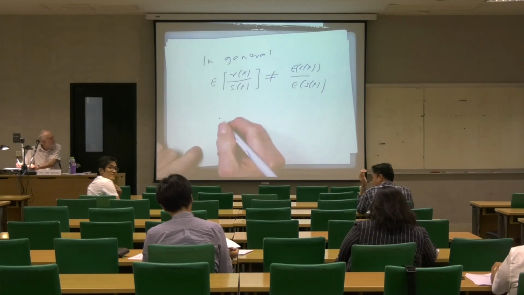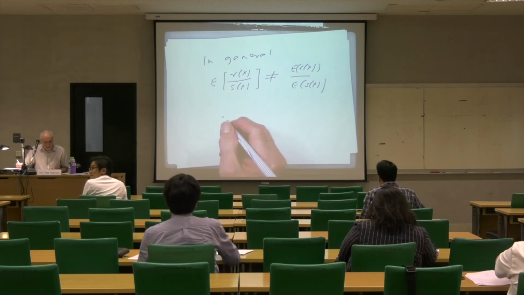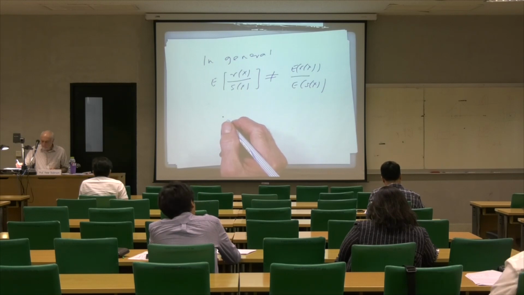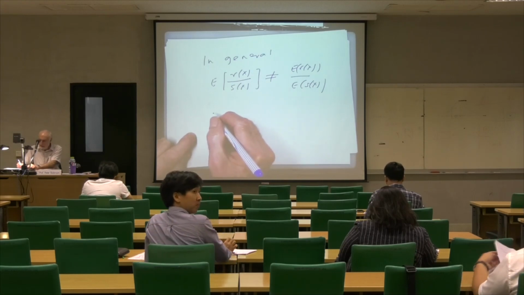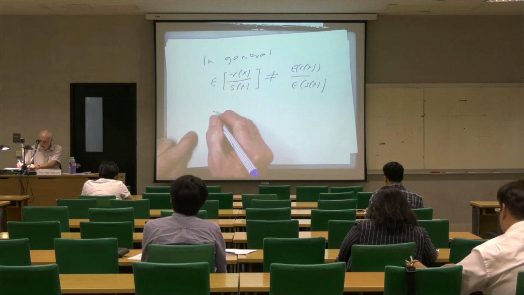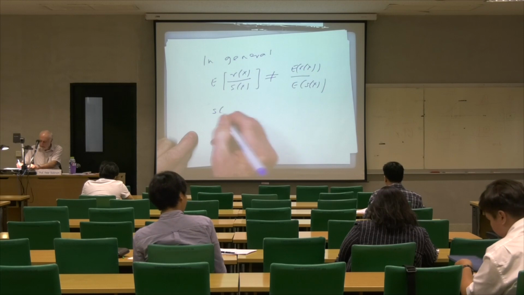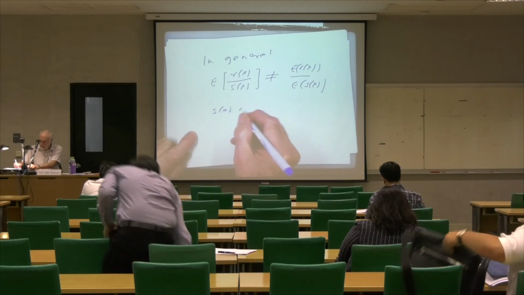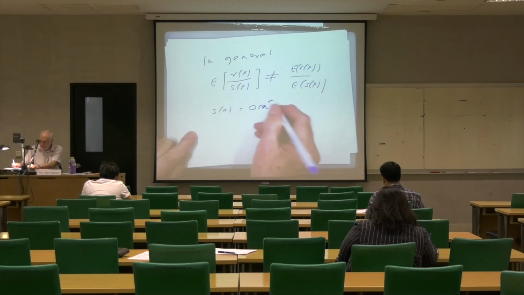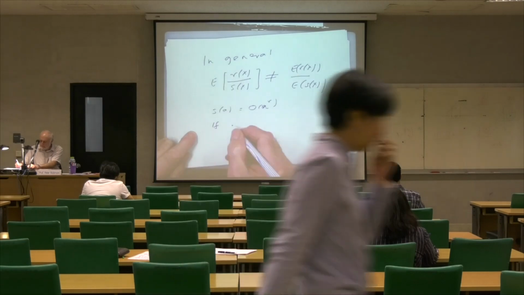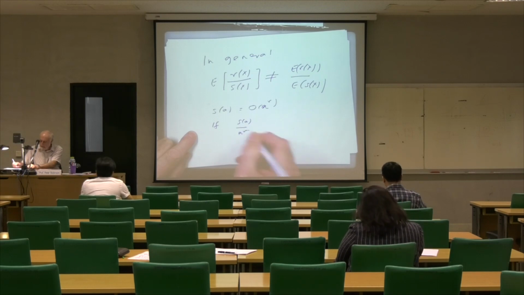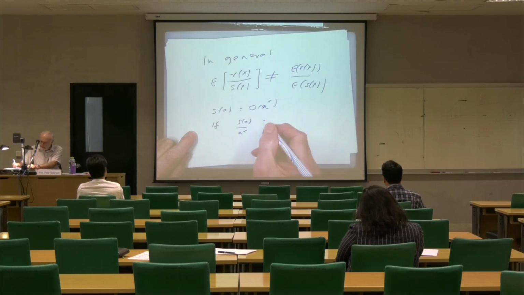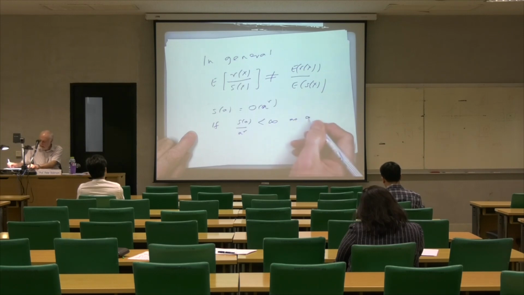Okay, so what was the... I guess we'd say that, let's see, S of A equals O of A to the R if S of A over A to the R is, well, let's say it's bounded as A goes to 0.